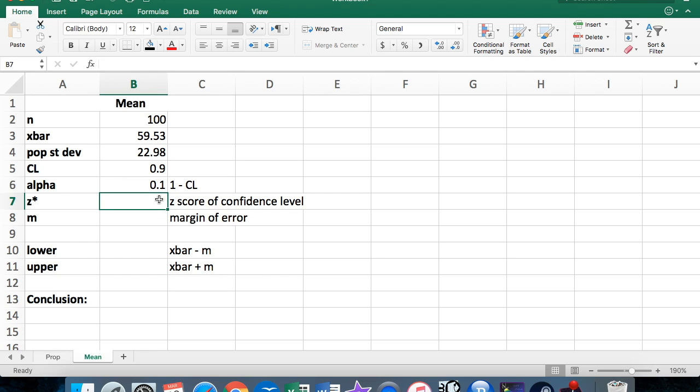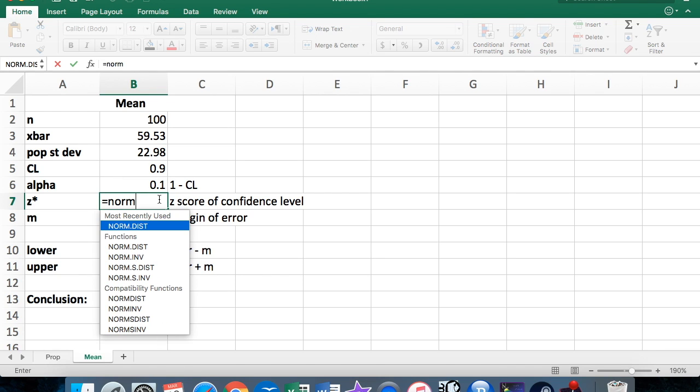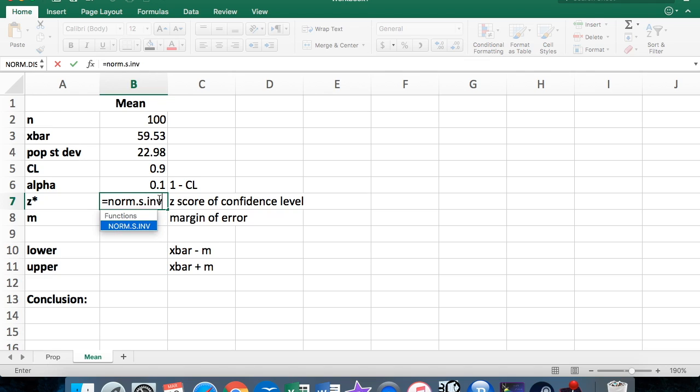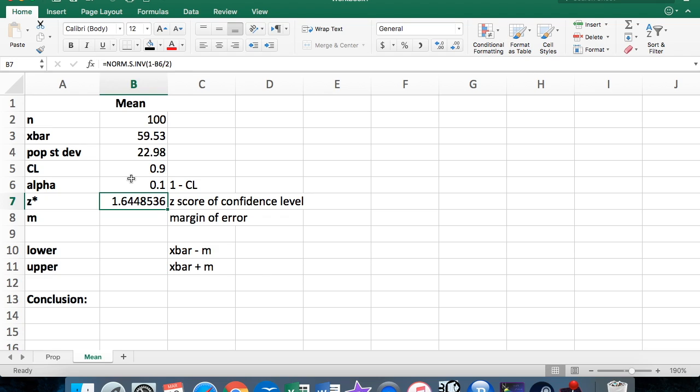All right, so here we go. So the z-score, remember this formula is the same all the time. Norm.s.inv, and then your probability. The probability is going to just be a special form of your alpha, so a special form of your error. It's just 1 minus your alpha, so this 0.1, divided by 2. Remember, because in a confidence interval, we're trying to find an upper bound and a lower bound for our population mean using our sample data.